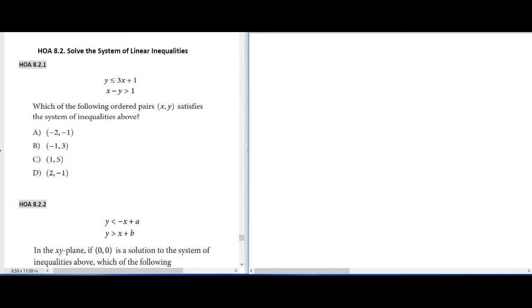Okay, the next topic is solving a system of linear inequalities. For a system of linear equations, we use the substitution method or elimination method. Sometimes you can use the graphical method: you draw the two lines and find the intersection.